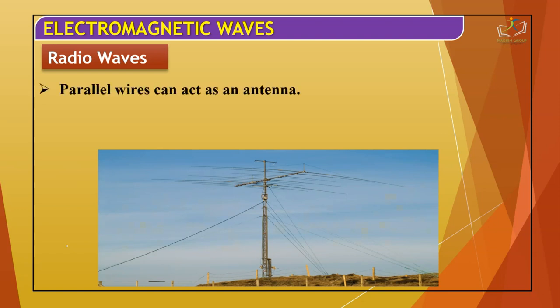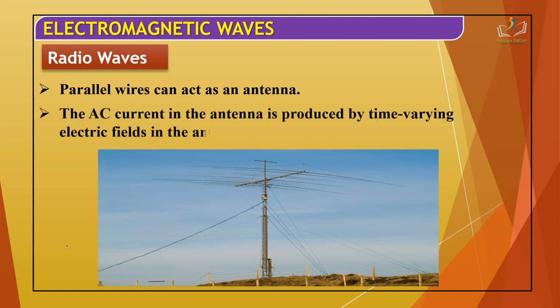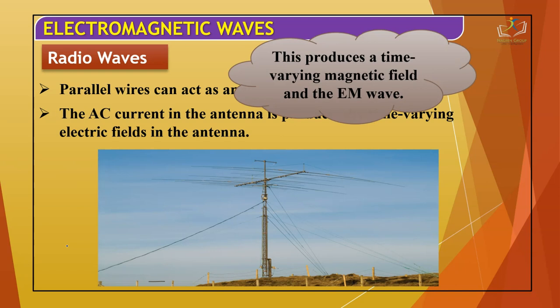Parallel wires can act as antennas. The AC current in the antenna is produced by a time-varying electric field in the antenna. This produces a time-varying magnetic field and EM waves.